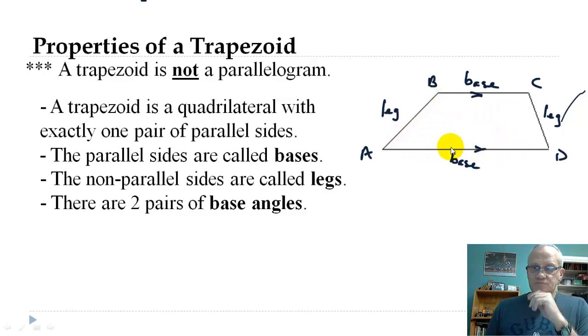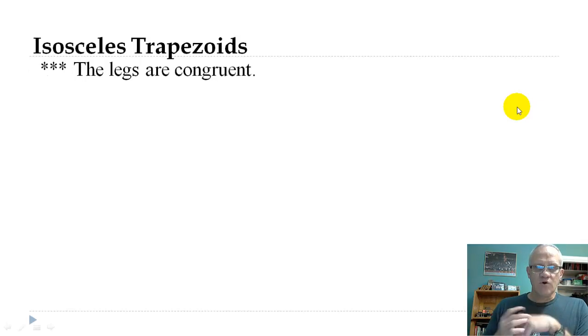Yeah, and so that's why I tried to clarify this by talking about two pairs of base angles. A and D go together as one pair of base angles, and then B and C go together as another pair of base angles. And we'll talk about that right now.